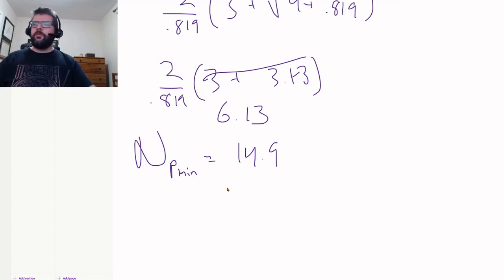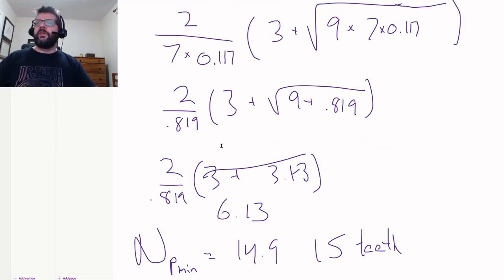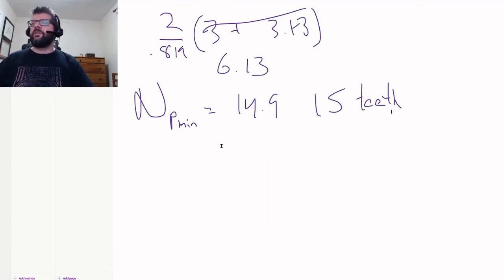Obviously, round up to the next largest number because we can't have a non-integer number of teeth. So 15 teeth. So the minimum number of teeth that we want is 15. We have 18. So we are successfully avoiding interference in that case.